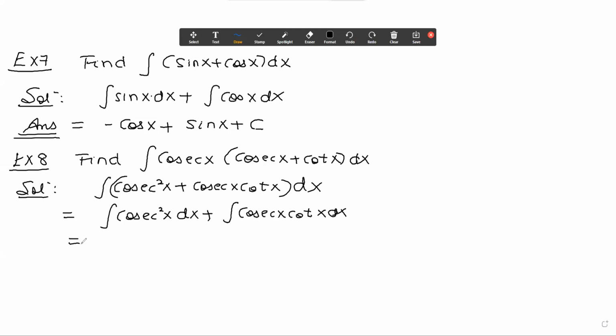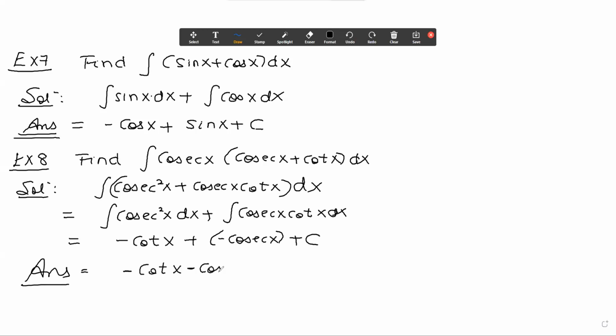Now from the table I have given you, the integral of cosec square x is minus cot x and the integral of cosec x cot x is minus cosec x, plus c. So my answer will be minus cot x minus cosec x plus c, where c denotes the constant of integration.